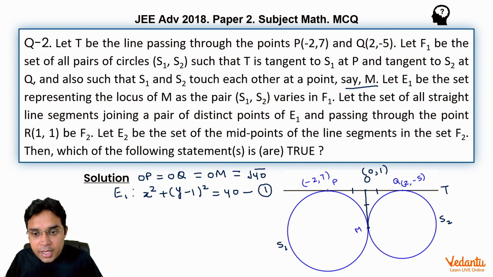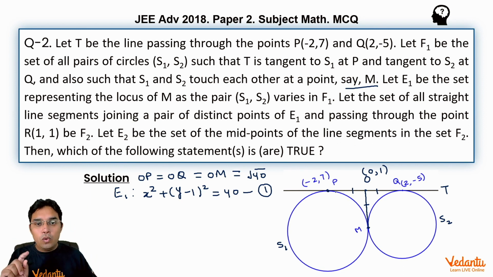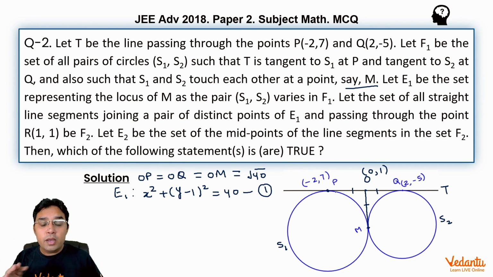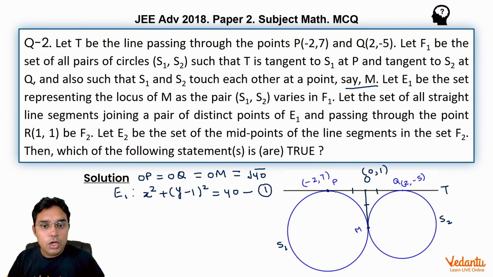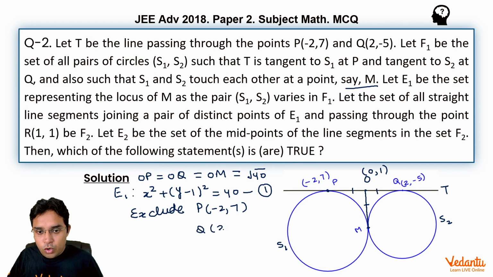Because even if we take a point circle at P and I make S2 an infinite radius circle, only in the limiting case can we assume that this point M will tend towards P, but in no practical scenario can it reach point P. So in this E1 we have to exclude point P, which is (-2, 7), and point Q, which is (2, -5).